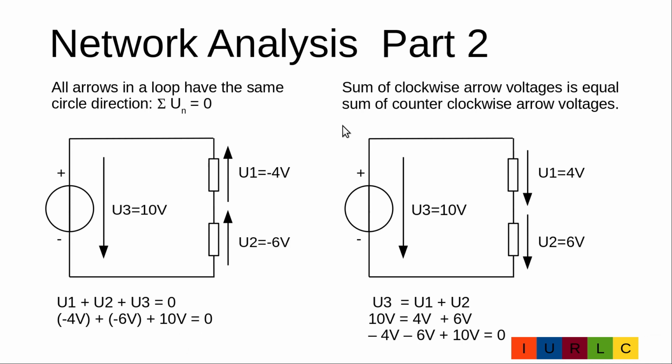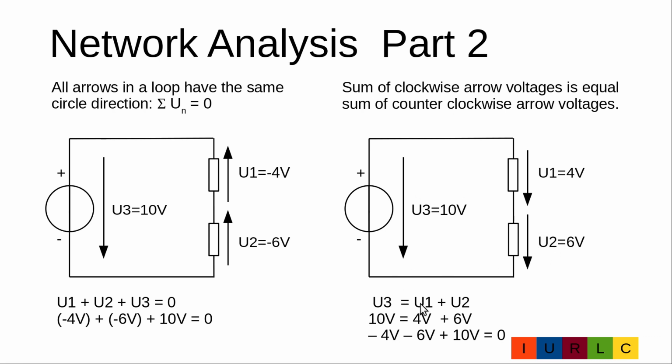In the other view there is no dedicated direction of the voltage arrows. You can draw it as you prefer it, and you add all the voltages of the clockwise arrows and you add all the voltages of the counterclockwise arrows and set them equal. Here in our example we have the counterclockwise voltage U3 and the two clockwise voltages U1 plus U2, and we set them equal.